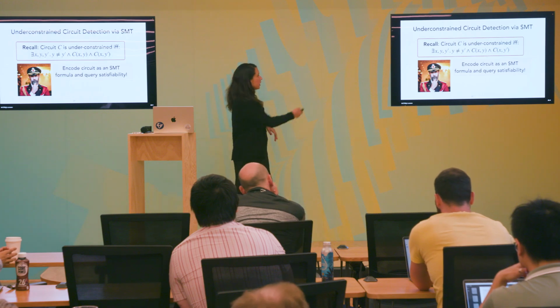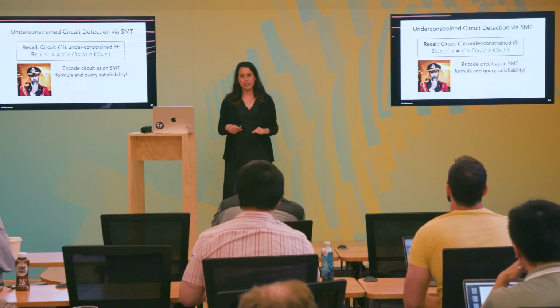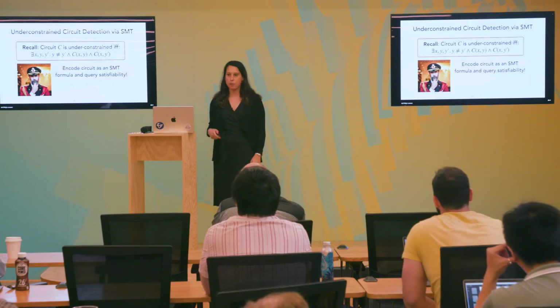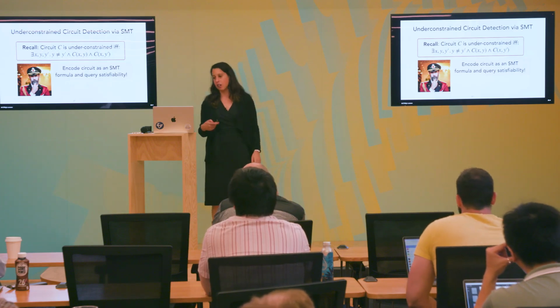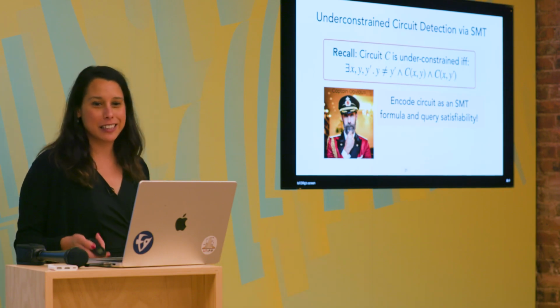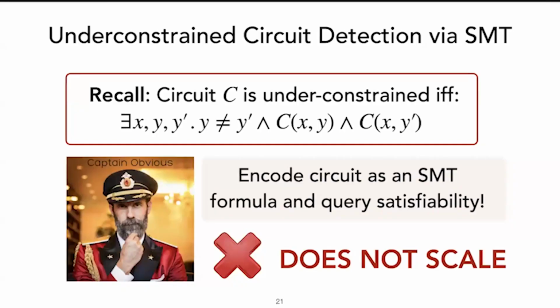You give this formula to the SMT solver, and if it says the formula is sat, that means your circuit is under constrained. If it says it's not sat, then it's properly constrained, meaning it's not under constrained. Well, that's the obvious solution, right? And trust me, that's obviously the first thing that we tried. But this is not a very practical thing to do because it simply doesn't scale.